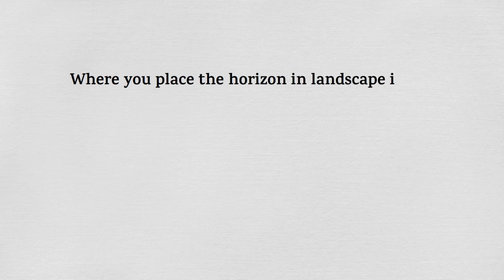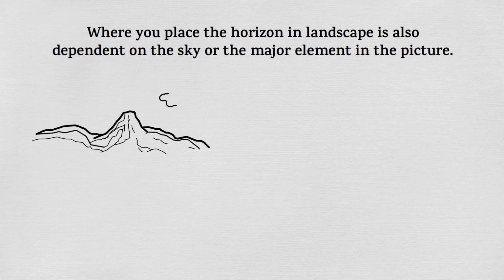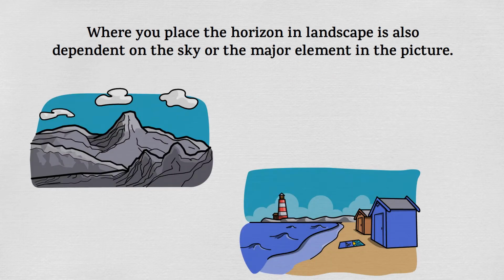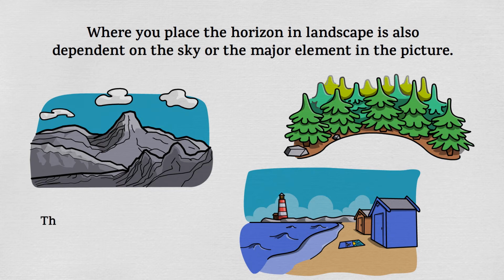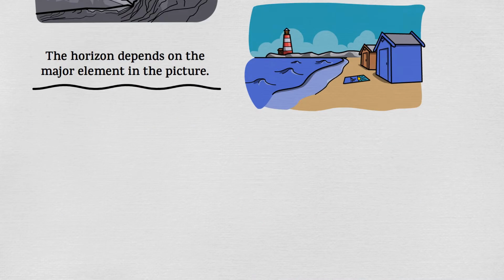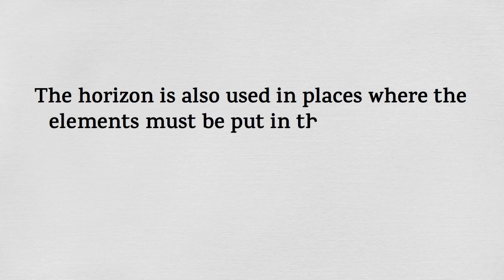Where you place the horizon in a landscape also depends on the sky, if the sky is involved, or the major element in the picture. For example, it could be a mountain, a sea, or a forest. It all depends on which is the major element in the picture that will determine where the horizon is placed. Also, horizon is used in places where the elements must be put in the same plane.